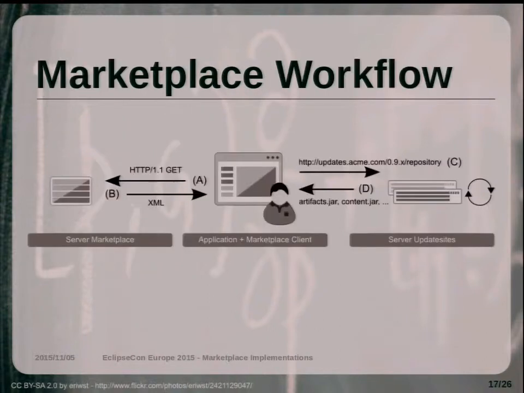And you only have to place them on the server somewhere. Because the URL, this is the important one. If you say updates, American company making everything.com/0.9x/repository, it's just a file server. You have to put them there.